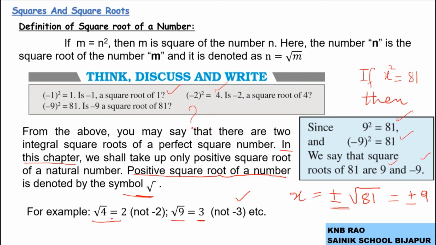If you want to write root under 25, it is plus 5 only, no minus 5. With this, I gave you the definition and meaning. You can pause the screen and note down these definitions and examples.